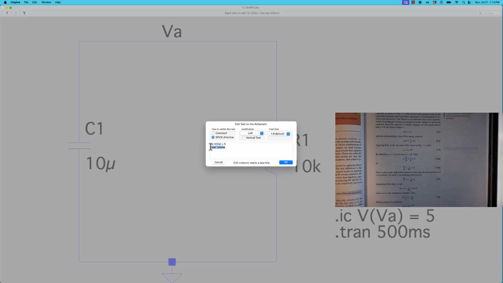And then we're going to do a transient analysis, since discharging happens over a step response, or stepping down from a positive voltage source to 0, discharging to 0. So transient is 500. I placed 500 milliseconds. That's half a second.